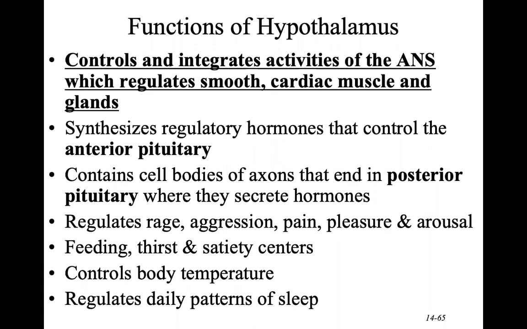The hypothalamus works closely with the pituitary, both the anterior pituitary and the posterior pituitary. When we get into endocrinology in Bio 204 or Anatomy 2, you will understand that the anterior pituitary is involved in producing about 5 to 6 different hormones: thyroid stimulating hormone, growth hormone, luteinizing hormone, melanocyte stimulating hormone.